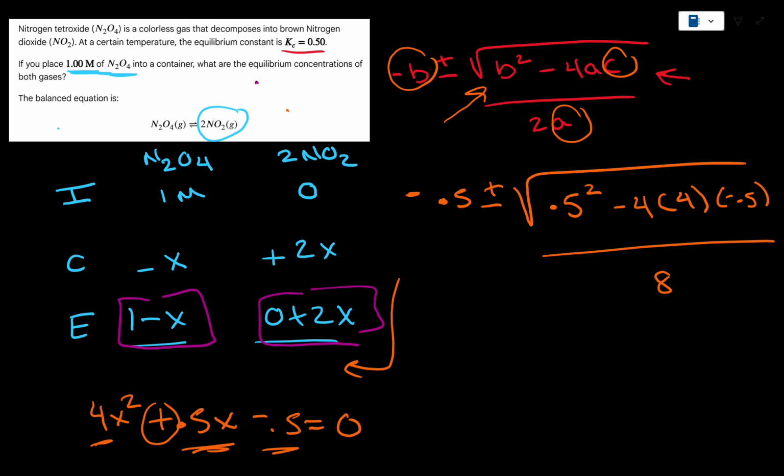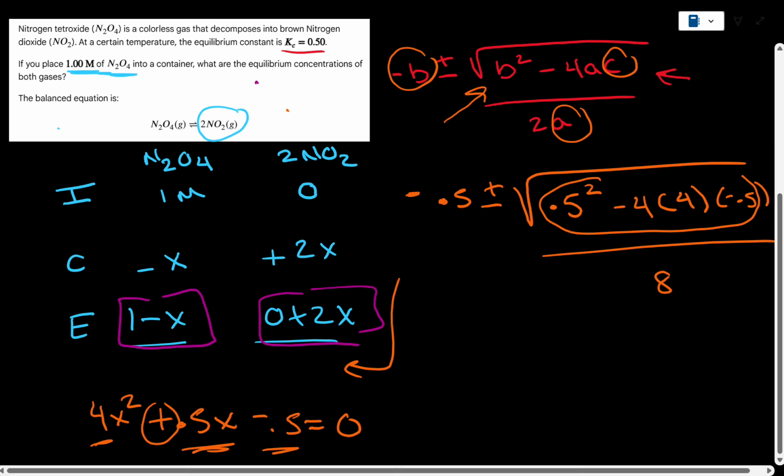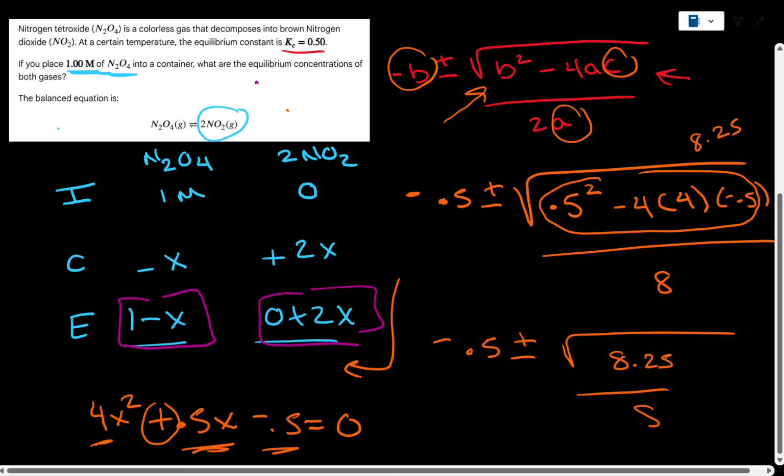All of this is going to give us 8.25, right? So now the new expression is negative 0.5 plus or minus the square root of 8.25, divided by 8.